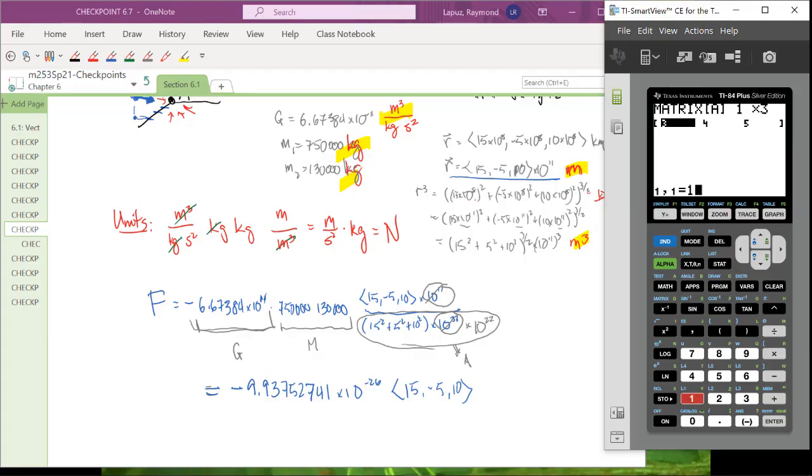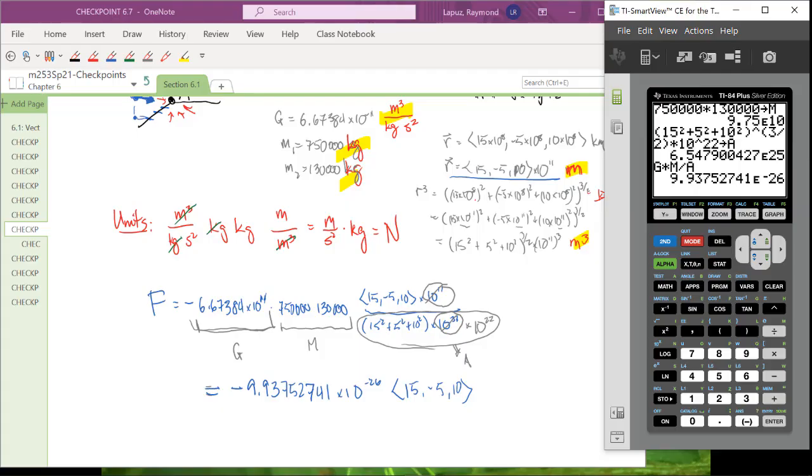In the first slot, I'll have a 15. In the second slot, I'll have a -5. And in the third slot, I'll have a 10. So now I have my matrix. Let's go back, second function, and quit, back to the home screen. And we have this answer here. So I'm going to put the negative and second function and the answer that we just got, and then multiply that by that matrix.